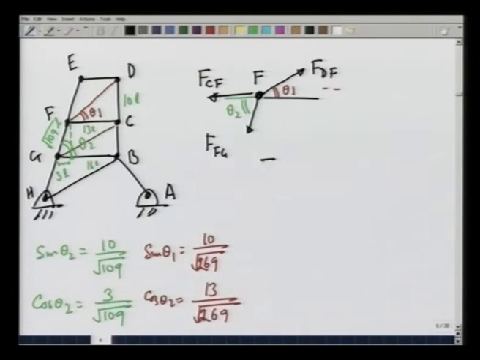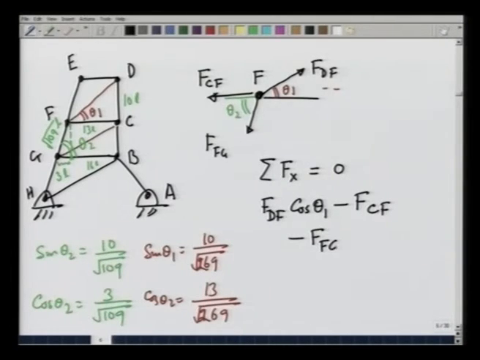Now, summation F_x at F equal to 0 gives me F_DF cosine of theta 1 minus F_CF minus F_FG cosine of theta 2 equals 0.